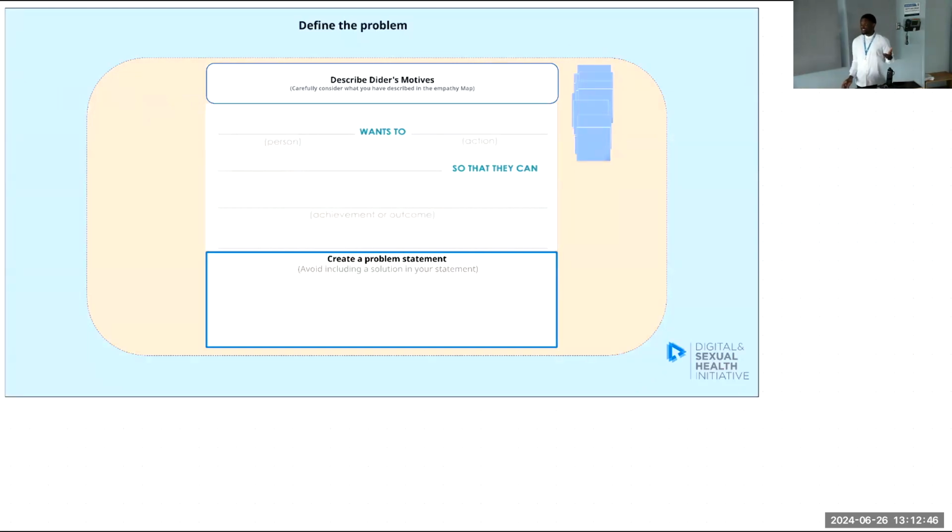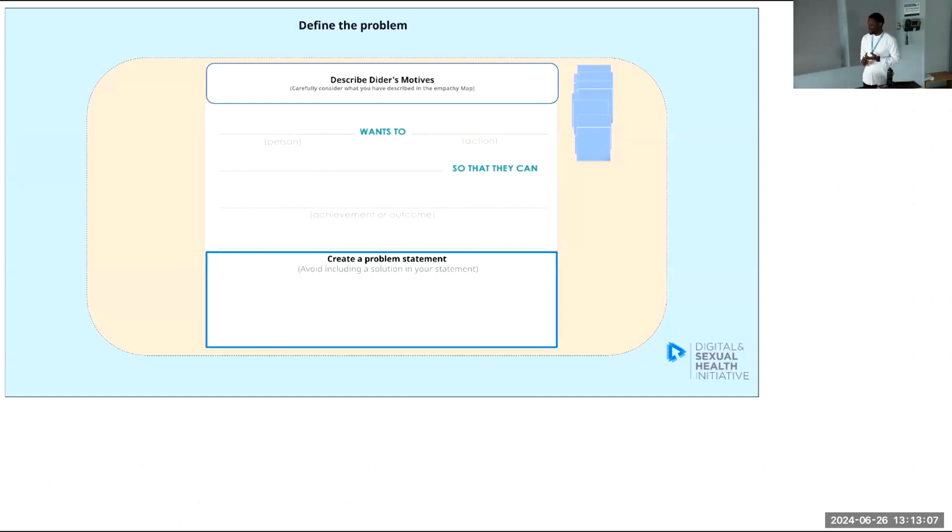The key, and why we're asking you to describe the problem statement, is that many times when we have that problem, it can then help us start thinking about potential solutions. But the key to describing a clear problem is that it should be actionable. It should be something that you can create an action to address.